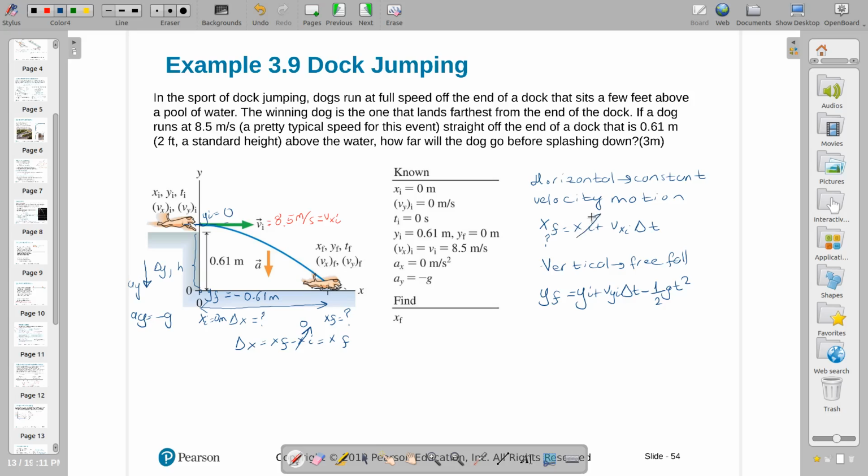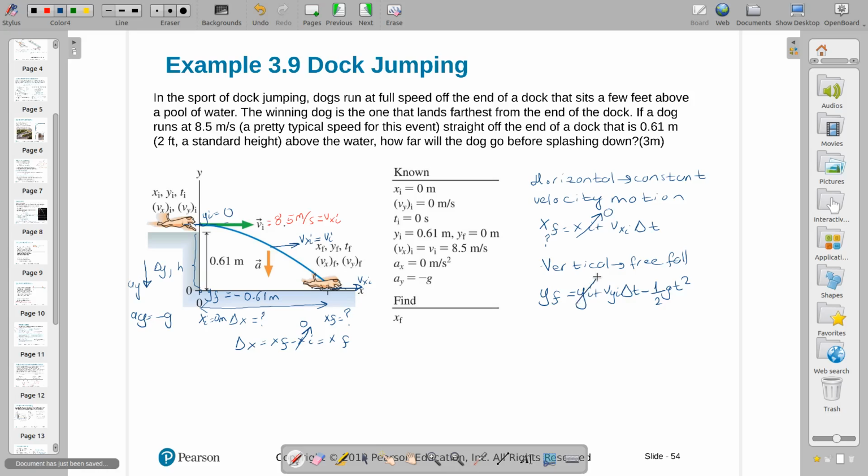So what we need is x final. We took this to be 0. We know vx initial, because along the horizontal our velocity never changes, so vx initial stays the same, and it is equal to v initial. The initial velocity was only along x, remember? It will come down here with the same vx initial. So all we need to find is the time, and we can find the time with this equation.